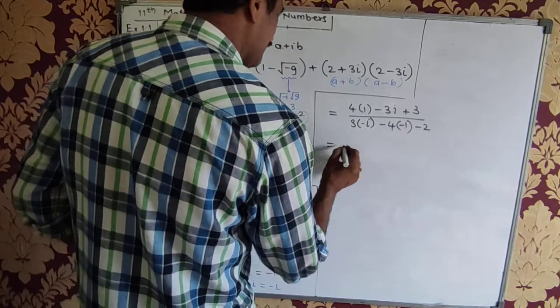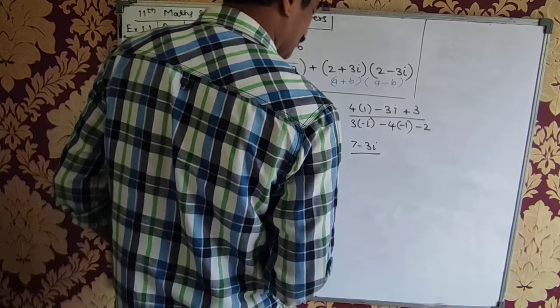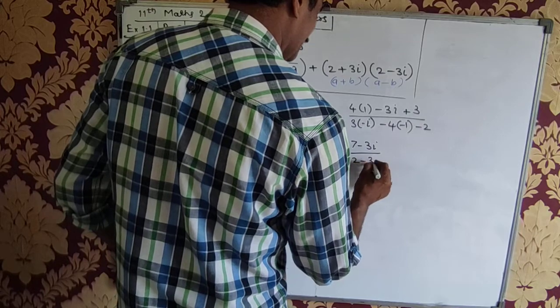Okay? Yes. That is equal to 4 plus 3, 7 minus 3i upon 4 minus 2, it's 2, 2 minus 3i.